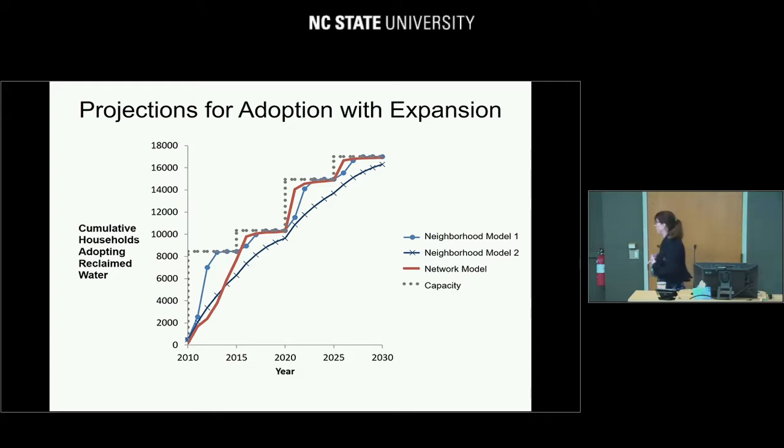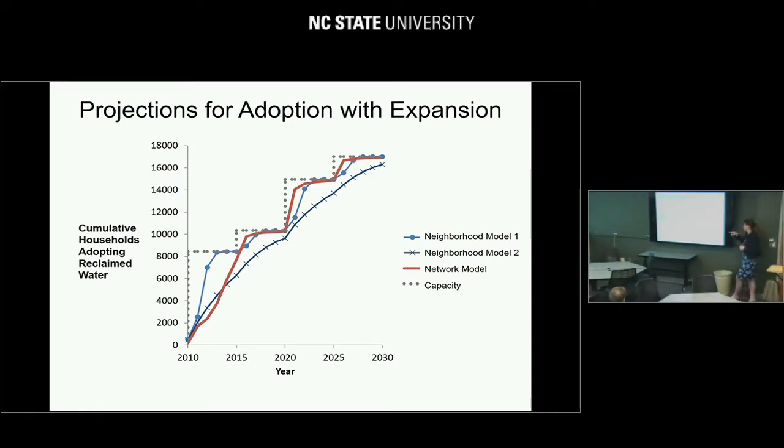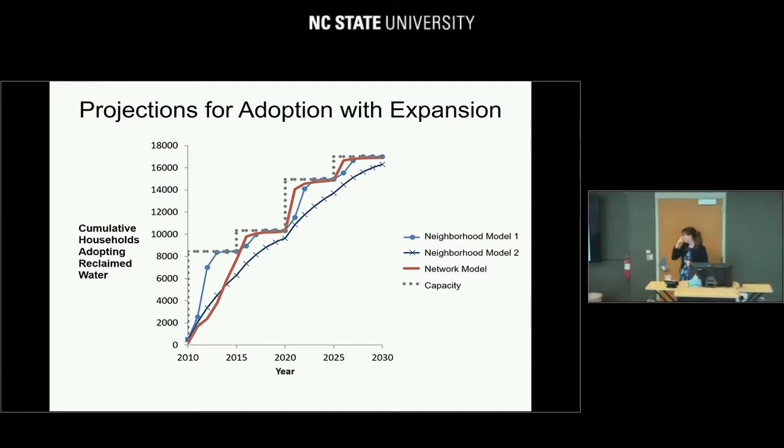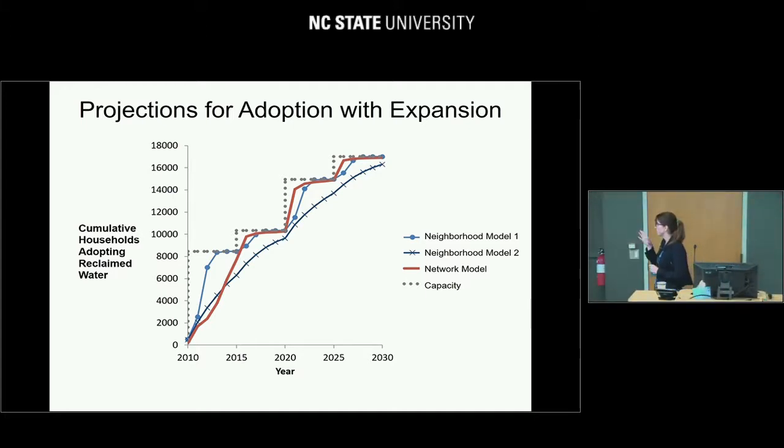And so we see fairly different dynamics for these three models. The difference between the two CA models, you can see, is pretty significant. The internal factors that are involved in Network Model 1 are driving adoption much more quickly than the external factors of Model 2.